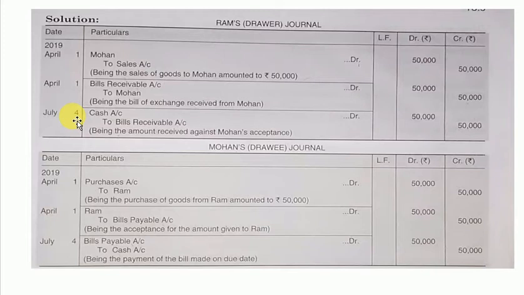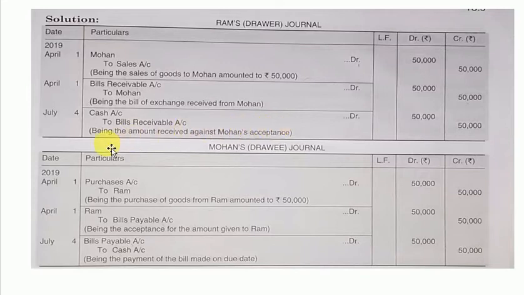On this date, the bill was met by the drawee Mohan and Ram received the payment. Entry goes: July 4, Cash Account debit to Bills Receivable Account, being the amount received against the bills receivable, 50,000, and this is called honor of a bill.